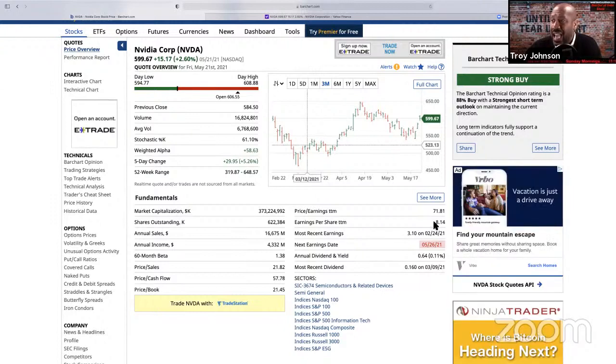It should cost $8 per share, but you multiply that times the PE ratio and jack it up to 599. If you multiply this by this, you should get approximately that number, for those who want to do a quick calculation with the calculator. So that's how the price of stocks is determined.